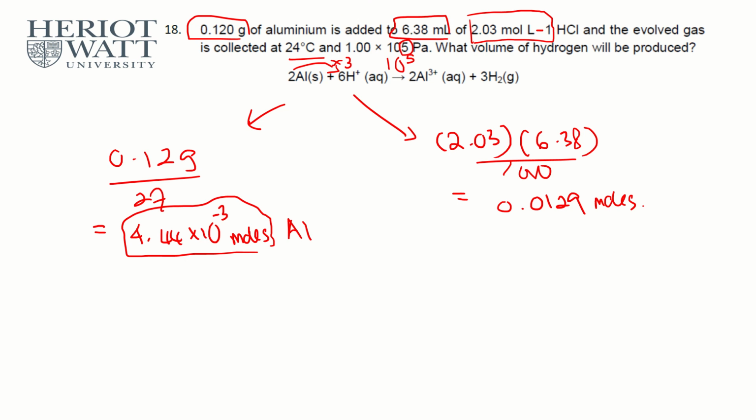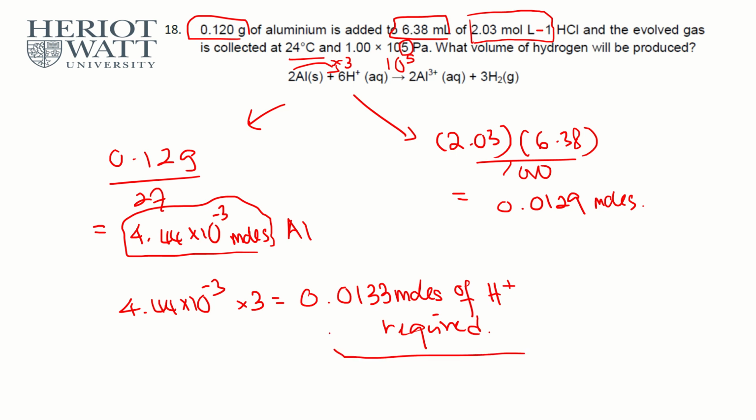Now, if I have 4.44 times 10 to the power of -3 moles of aluminium, how many moles of acid, which is the H plus, is required? The ratio is 2 to 6, which means times 3, right? So I need 4.44 times 10 to the power of -3 times 3. You will get the mole of acid required. So what is the mole of acid required? You times 3, you will get 0.0133 moles of acid, H plus, required.